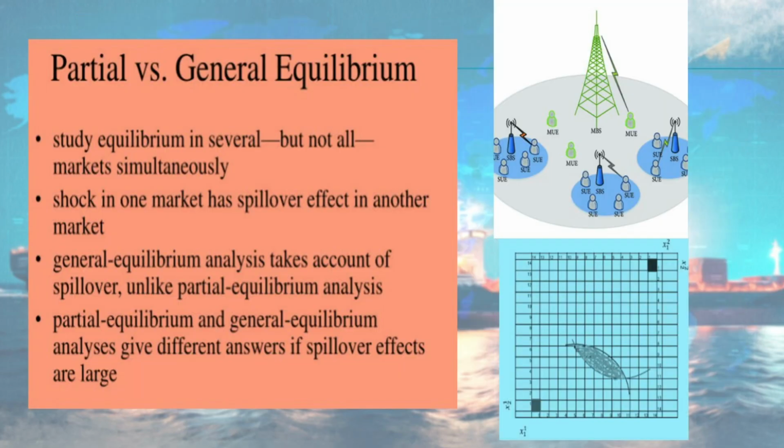So if we go for partial versus general equilibrium, we study equilibrium in several but not all markets simultaneously. A shock in one market has a spillover effect in another market. General equilibrium analysis takes account of spillover. Unlike partial equilibrium analysis, the two give different answers if spillover effects are large.